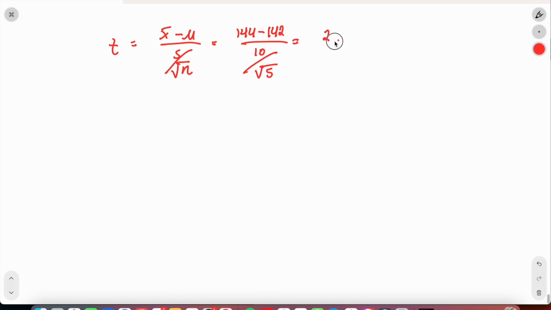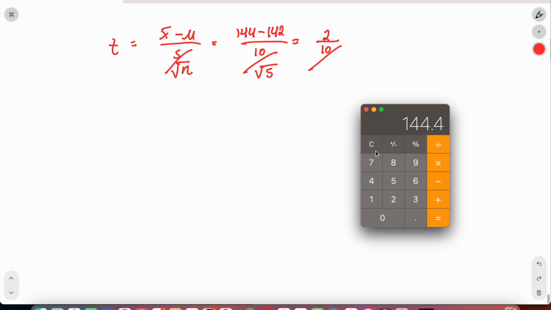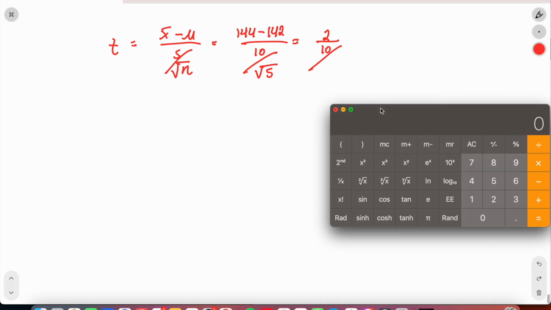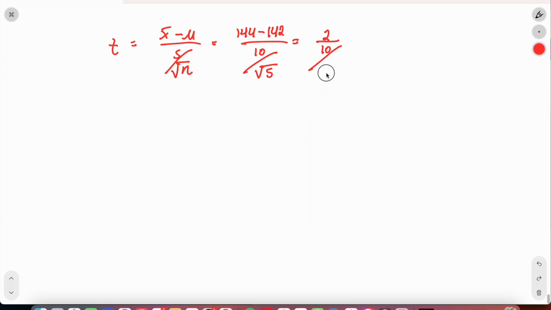What is the square root of 5? 1.71. Oh, 1.71.